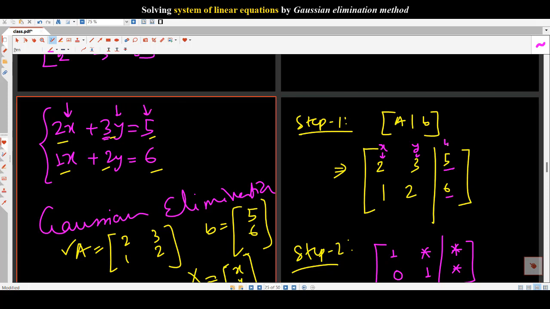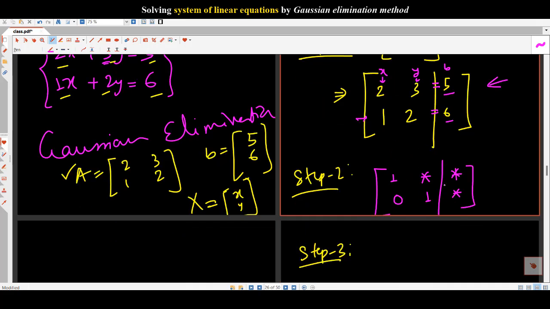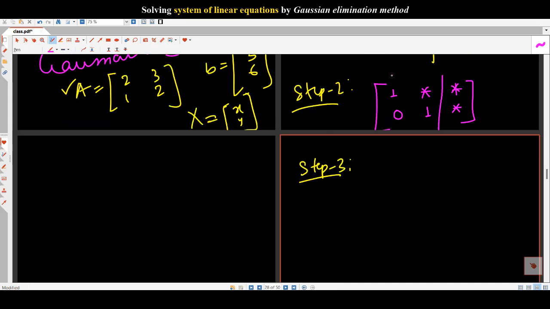In this b column we have 5 and 6. And this separation is actually denoting the equal sign that you can see. So whatever we have equation format that we have that have been written in matrix form. So if we think 2, 3, 5, that means we have 2x plus 3y equals 5. If we think 1, 2, 6, that means we have 1x plus 2y equals 6. That is how we are thinking. So this first column is for x, the second column is for y, and the third column is for b.